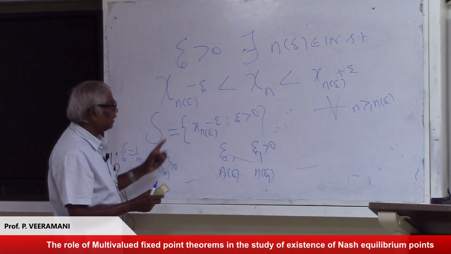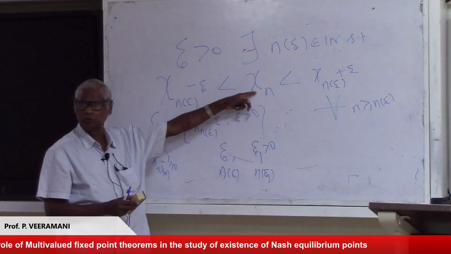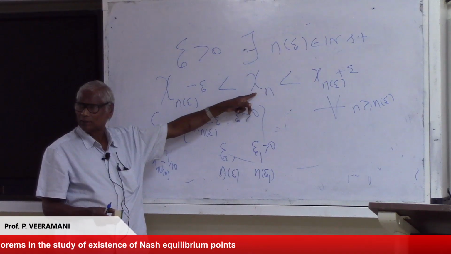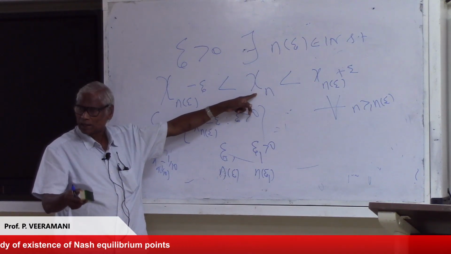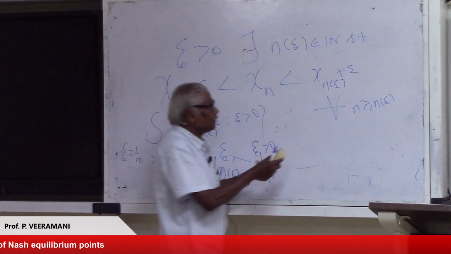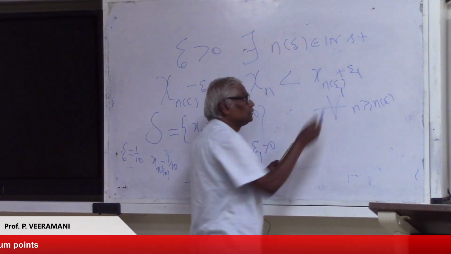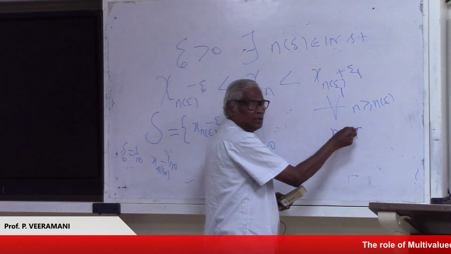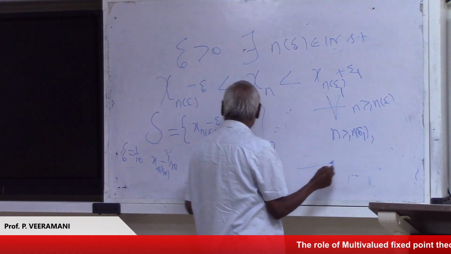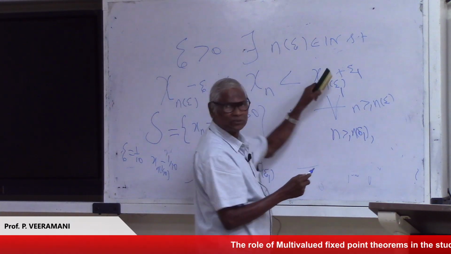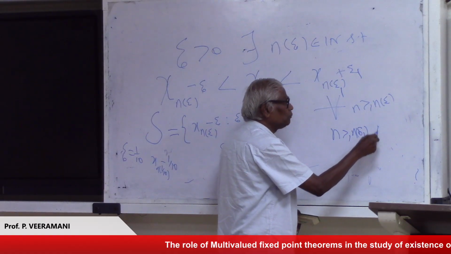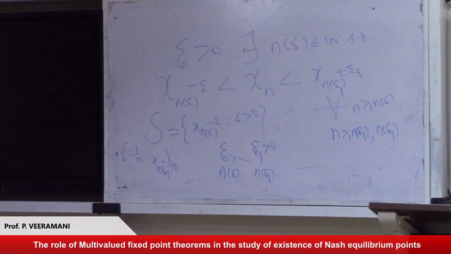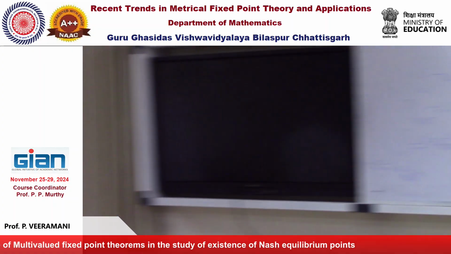This condition will be true when n is greater than or equal to n of epsilon, and this will be true when n is greater than or equal to n of epsilon 1. At a time we want both to be true. That is why n should be greater than or equal to both. Does such a natural number exist or not?